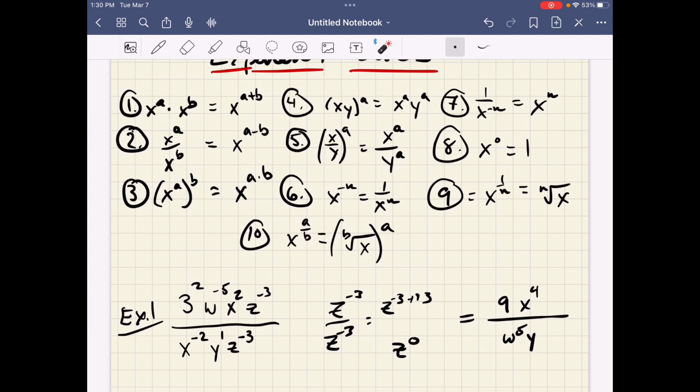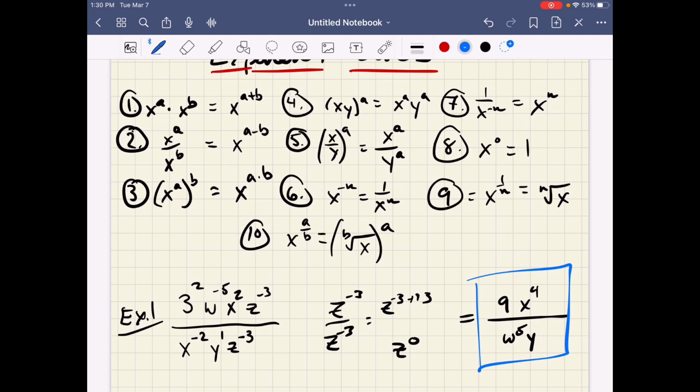Now, rule number 8 says anything to the 0 power is just a 1. So now I know it's 1. I could write that in there, but I know 1 times anything is just itself. So my simplified answer of that expression is 9x to the 4th over w to the 5th times y.